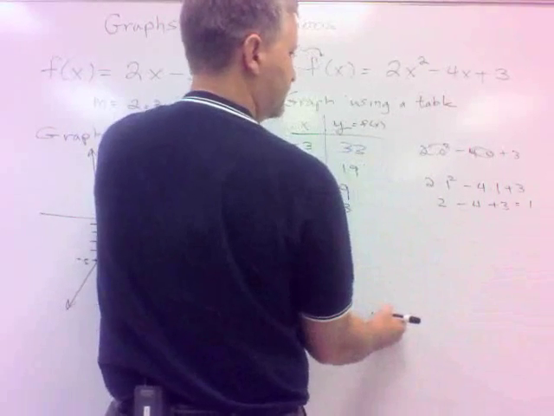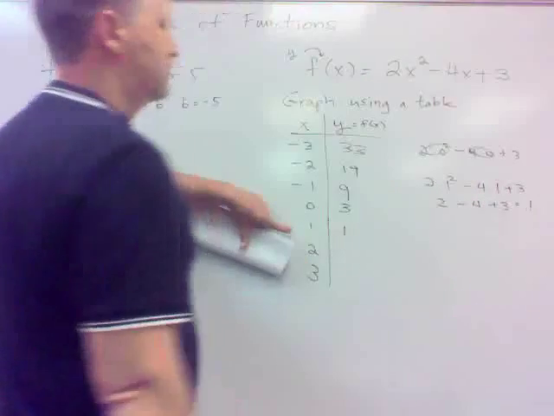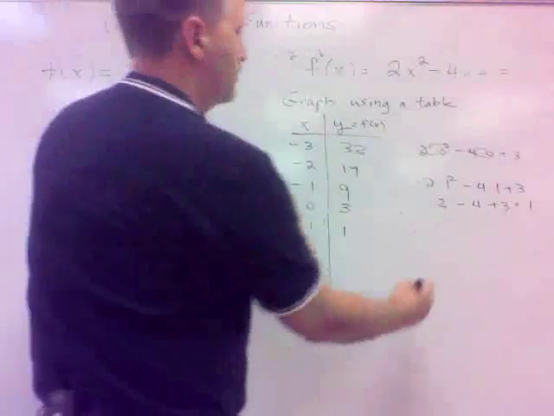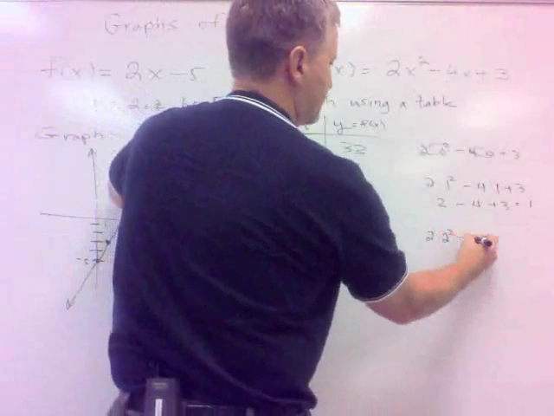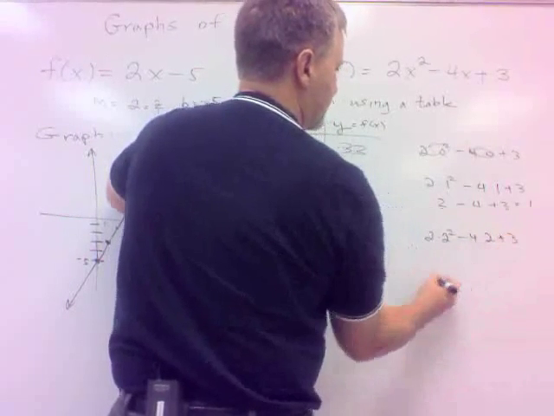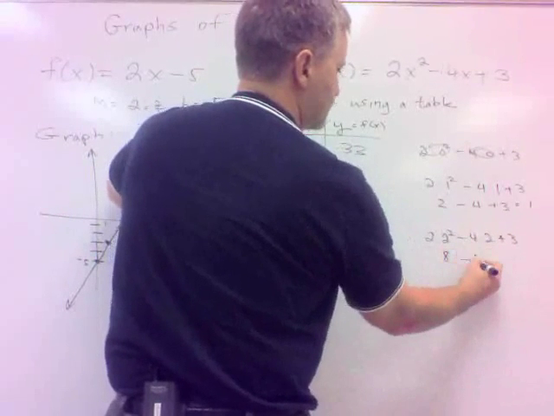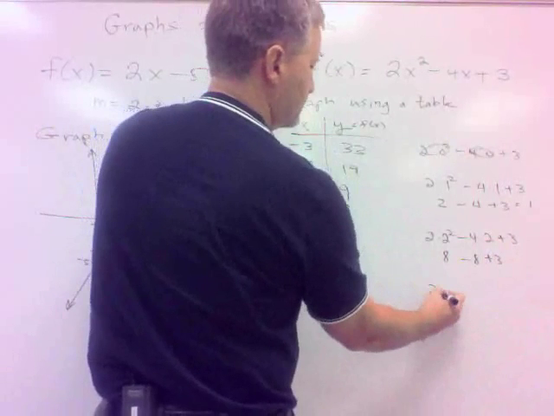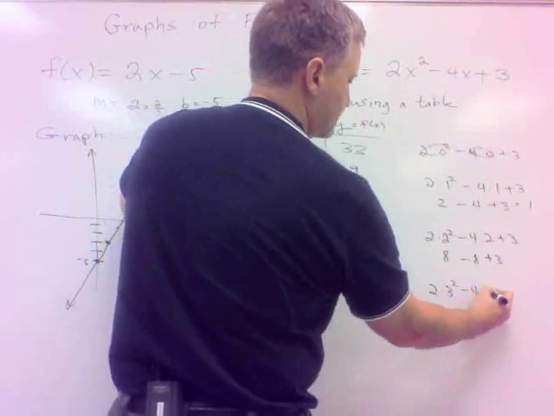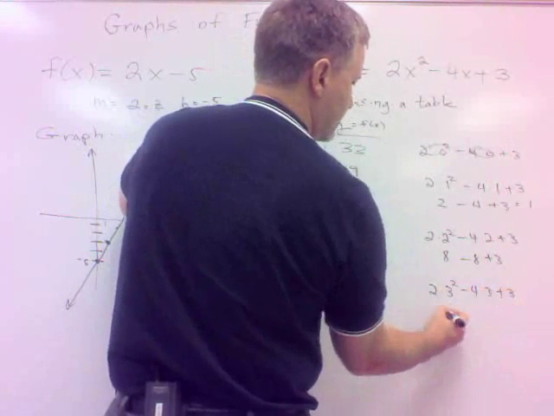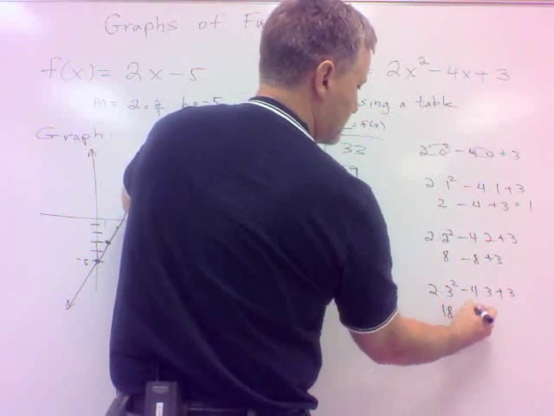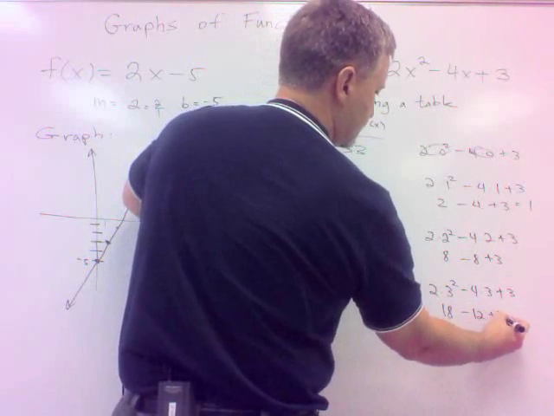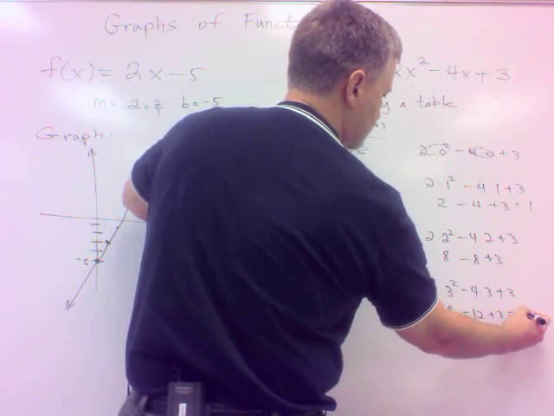For 2, 2 times 2 squared minus 4 times 2 plus 3. It's 2 times 4 is 8, minus 8, plus 3. Back to 3. And then for 3, 2 times 3 squared minus 4 times 3 plus 3. 2 times 9 is 18, minus 12, plus 3, 9.